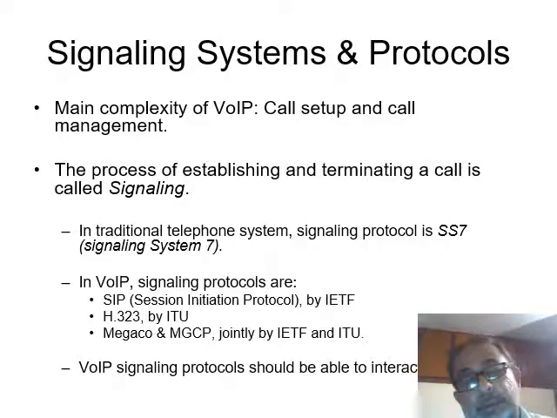Now, what are the signaling systems that are used in a voice over IP system? This is the main complexity of voice over IP systems. How do we manage the calls?